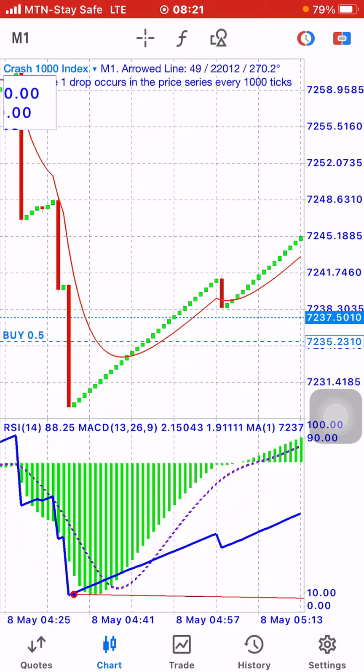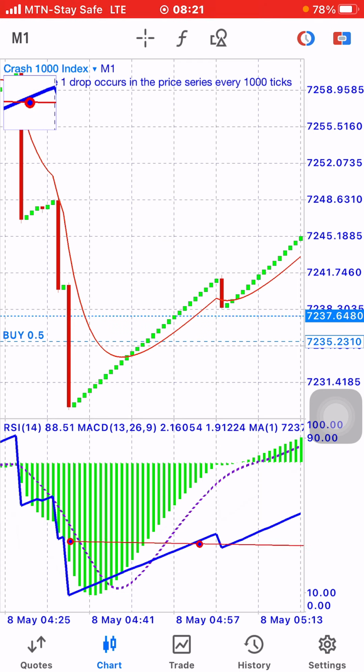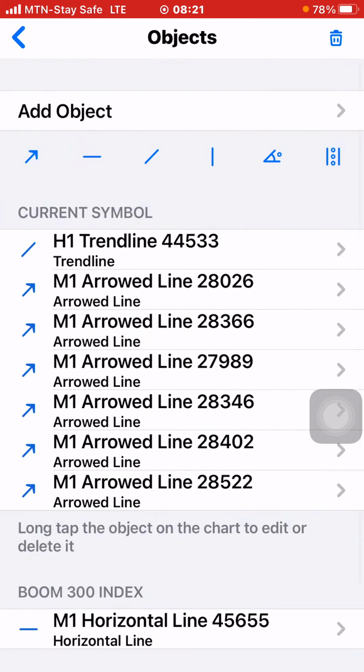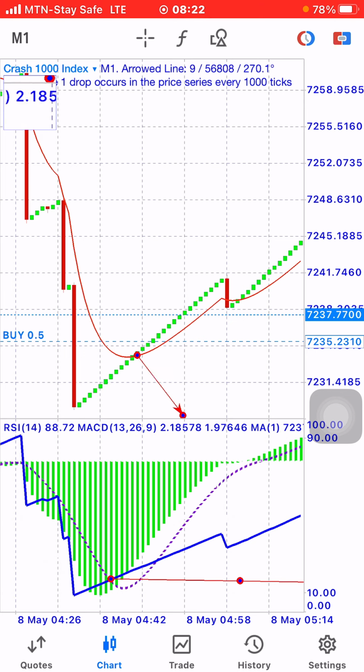You enter the market. So when you enter the market, you hold until either this red tiny line crosses any of these candlesticks going up first, or the blue line and the purple line cross down here first, like this position. Sometimes where it crossed here is the same position as where it crossed here.